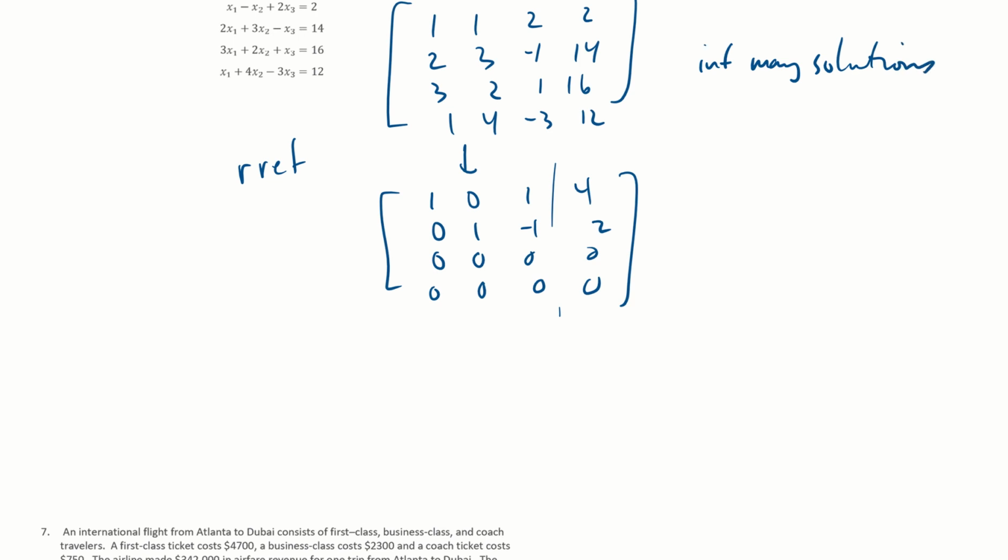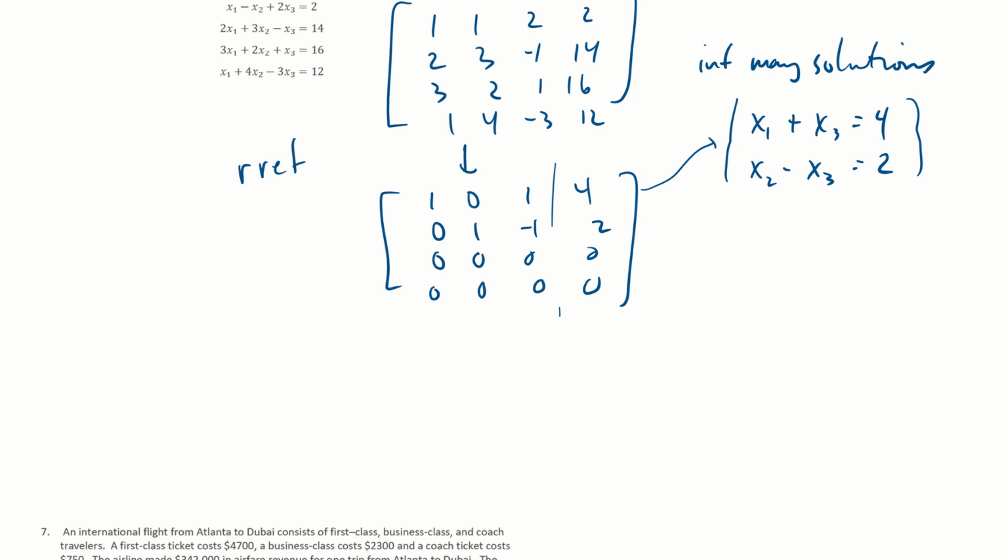And can we describe them a little bit? Yeah, the first row tells us that x1 plus x3 must always be 4. And the second one tells me that x2 minus x3 must always be 2. So these are my conditions that have to happen for it to be a solution. Now, you don't have to do this last part.